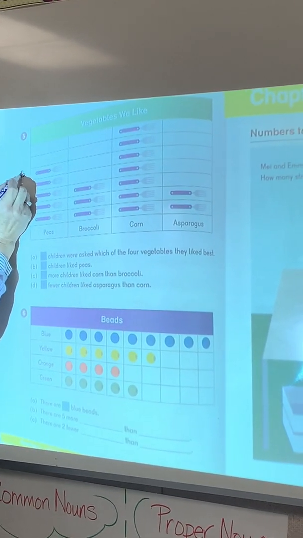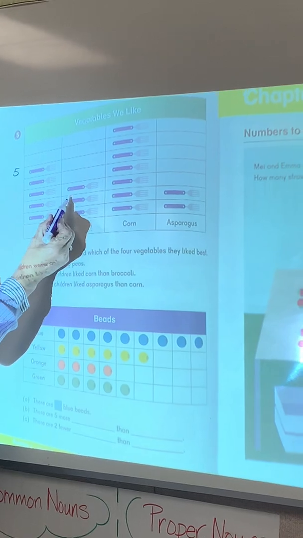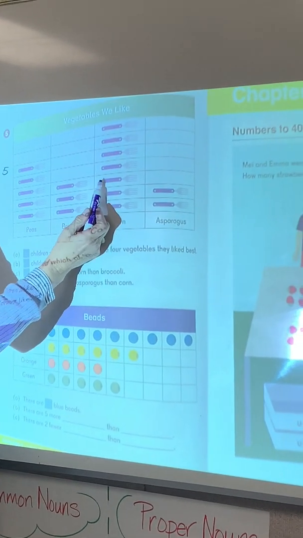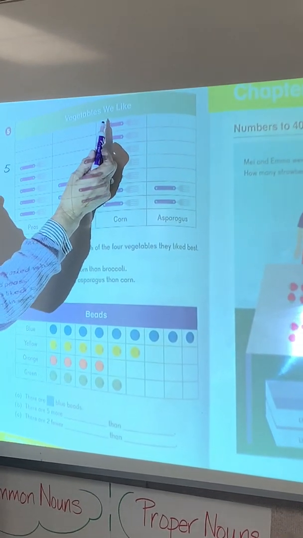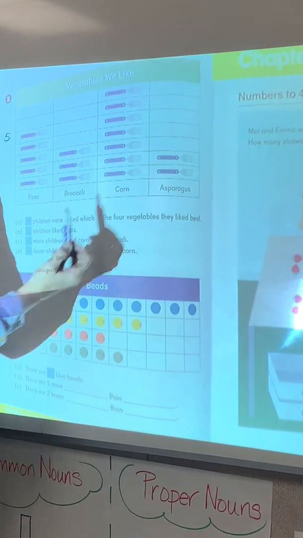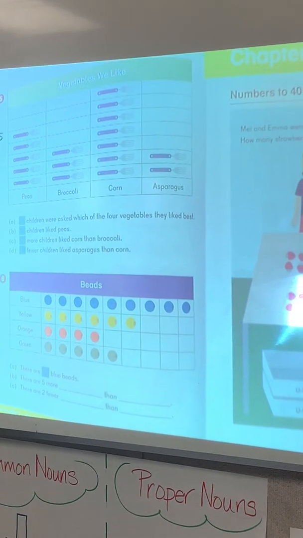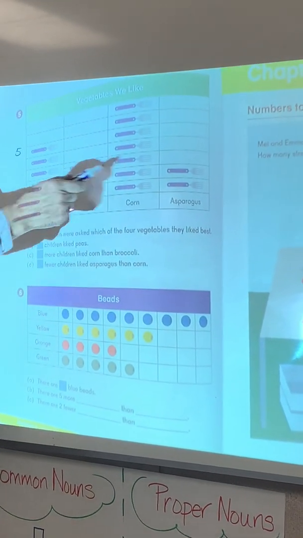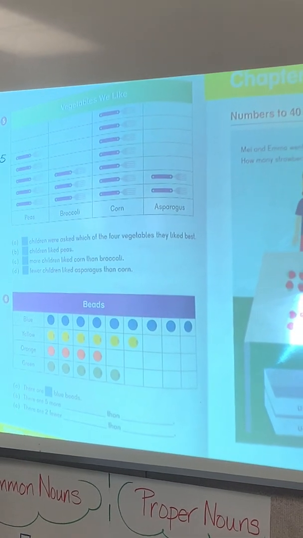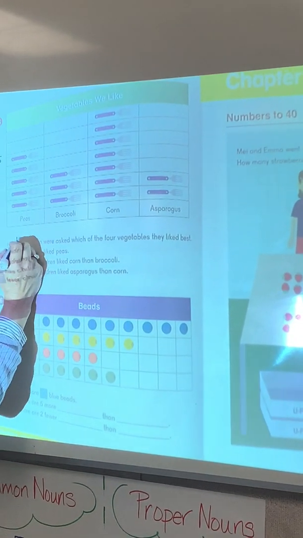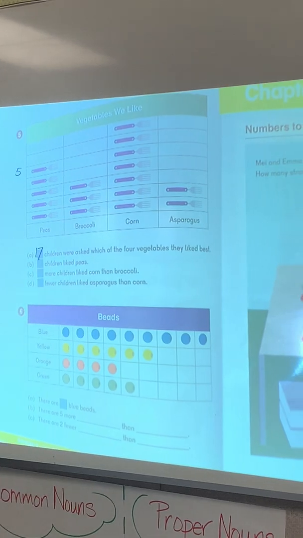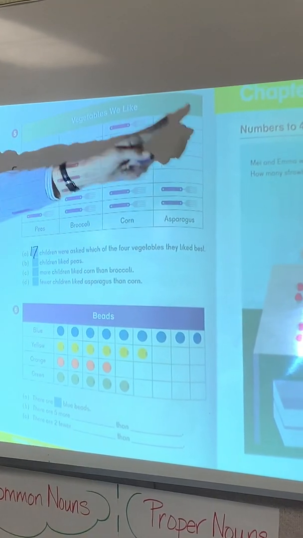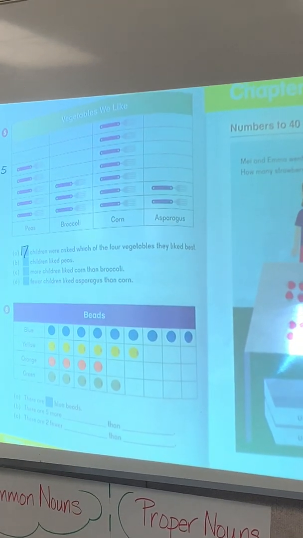We'll put 5 here. 6, 7, 8, 9, 10, 11, 12, 13, 14, 15, 16, 17. 17 children were polled to make this graph and figure out which vegetables they liked best. That's how you figure out what number goes in there. You count all the forks.